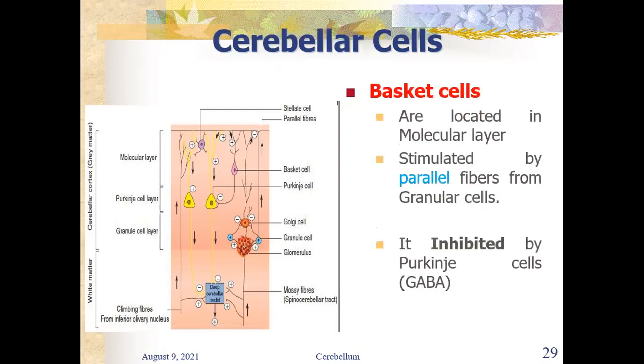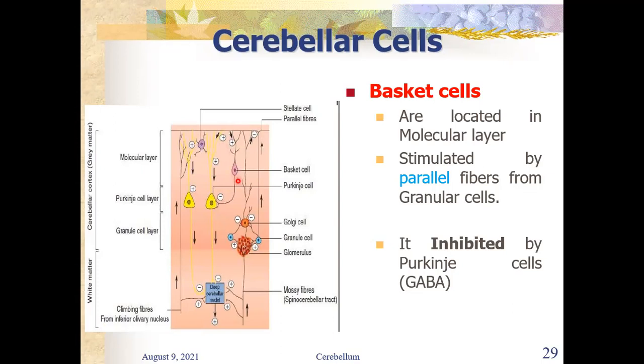We also have the basket cells. The basket cells here are located in the molecular layer as well. They are stimulated by the parallel fibers of the granule cells. Remember, the granule cells have the long fibers that have connections with nearly all the neurons in the cerebellar cortex.